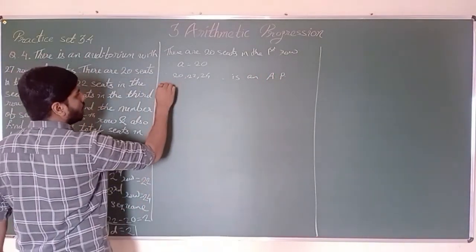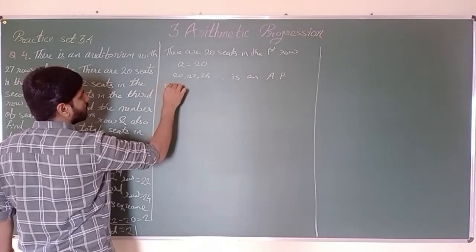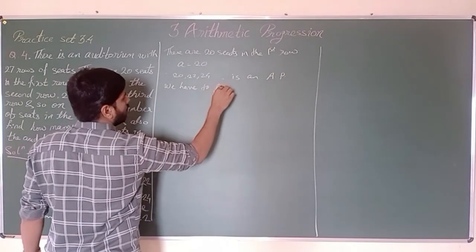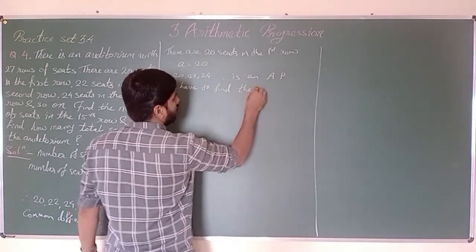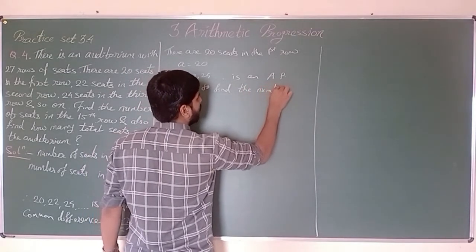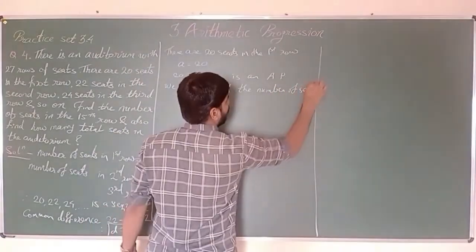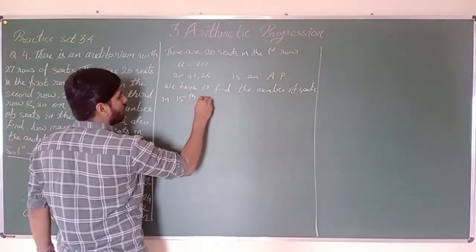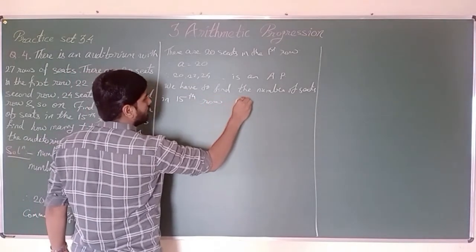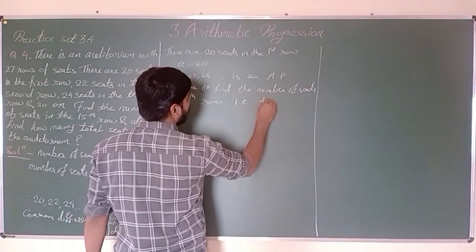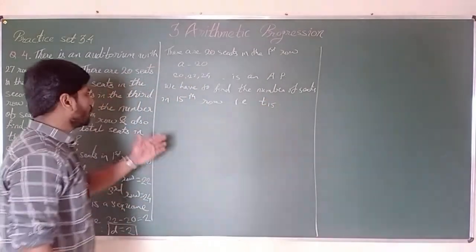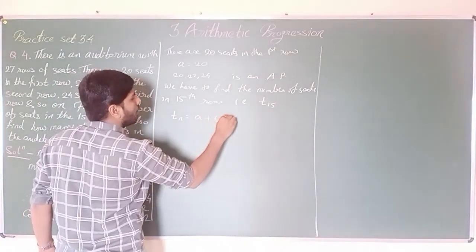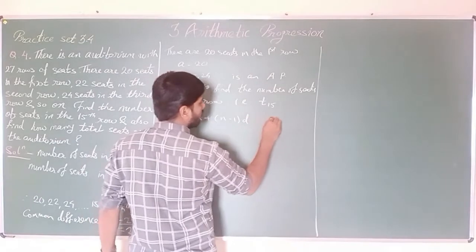From here we have to find the number of seats in the 15th row, that is, we have to find T15. Now for this we will use the formula of Tn, where Tn is equal to a plus n minus 1 into d. So this is the formula.